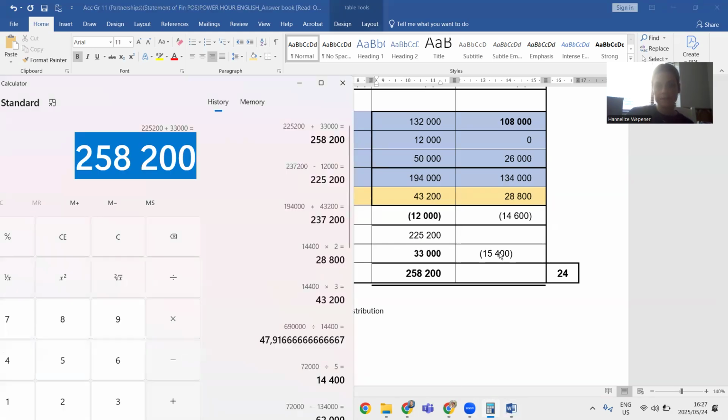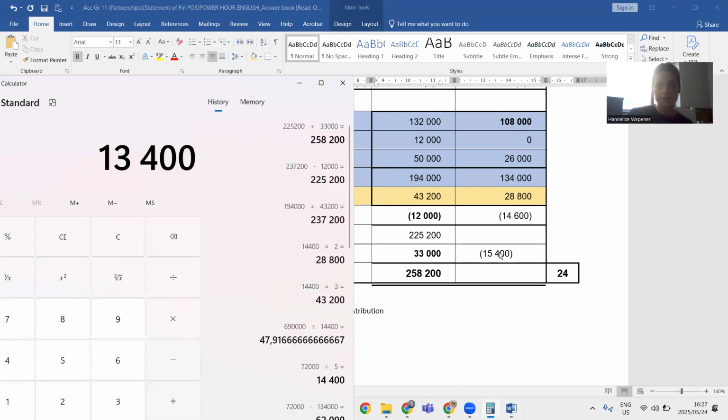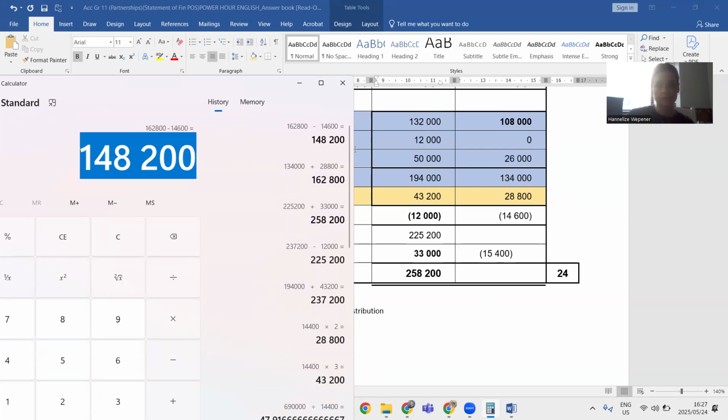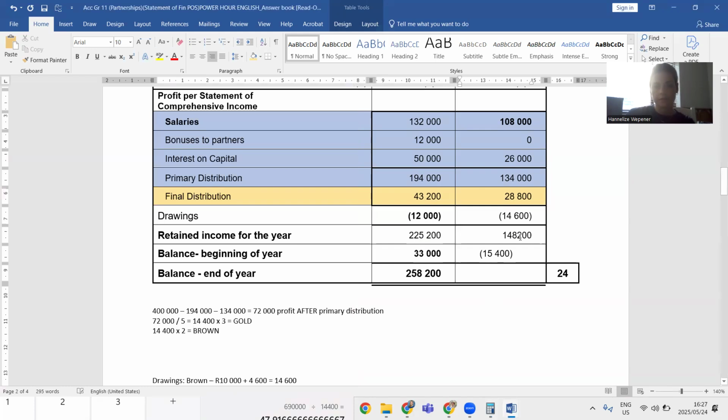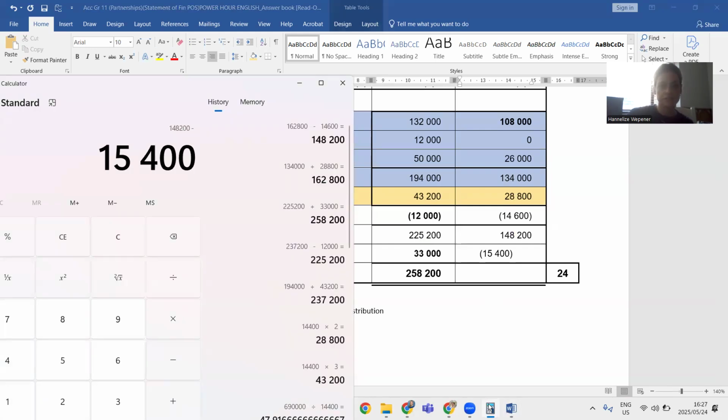258,200. Then for partner Brown, primary earnings plus final earnings minus drawings. So retained income of 148,200, of which she had already taken 15,400. Oh no, the 15,400, my bad, opening balance.